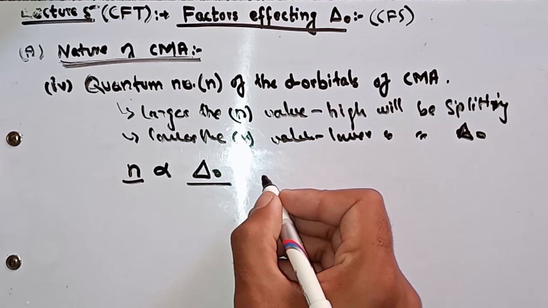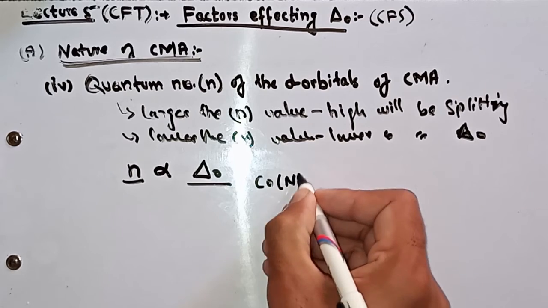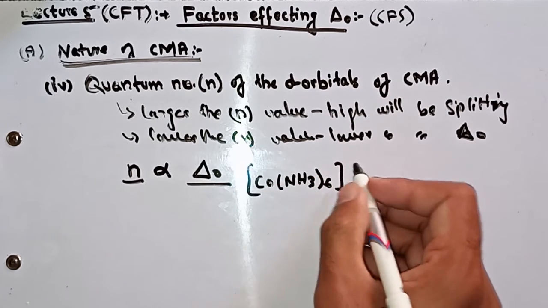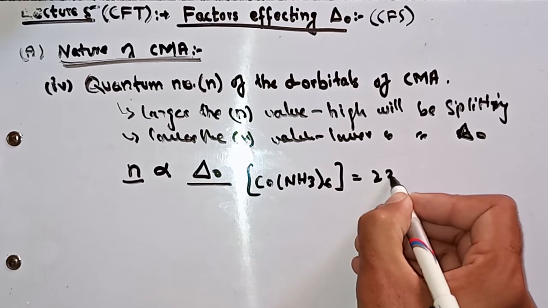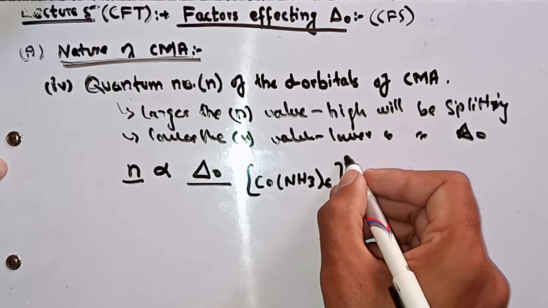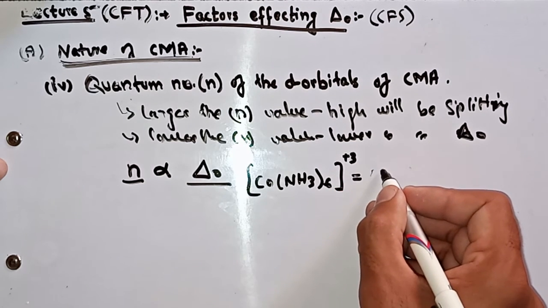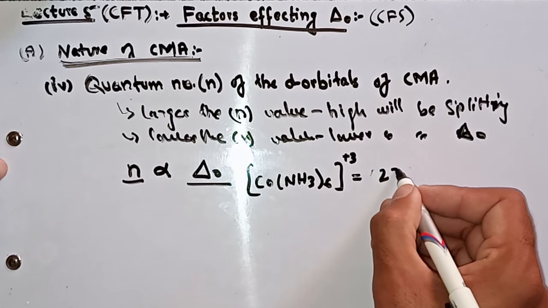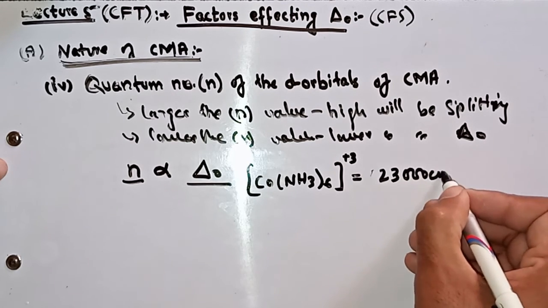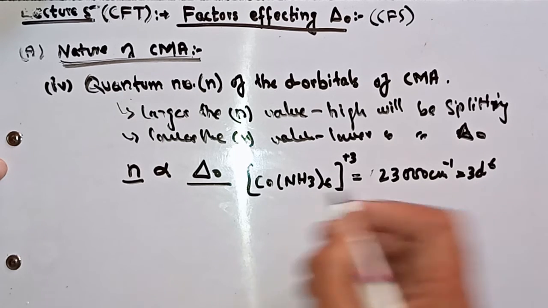The first example is Co(NH3)6 3+, a plus 3 charge. The experimental value of del naught for this system is 23,000 cm inverse, and it is a 3d6 system.